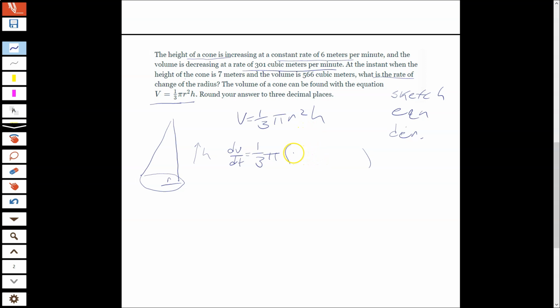So 2r, and chain rule, right? So dr/dt, because r is a function of time, times h. So that's the derivative of r squared times just plain old h. Now we want the derivative of h times just plain old r squared. So r squared stays the same, and then we have dh/dt.